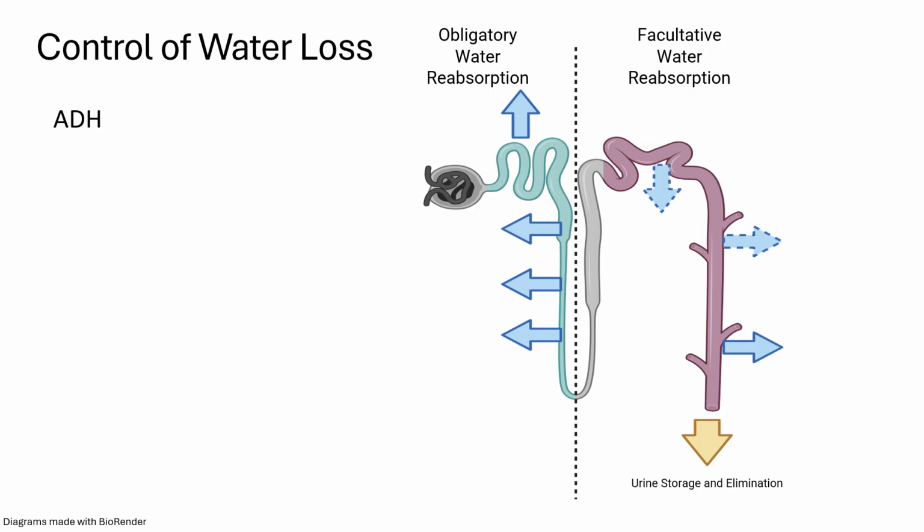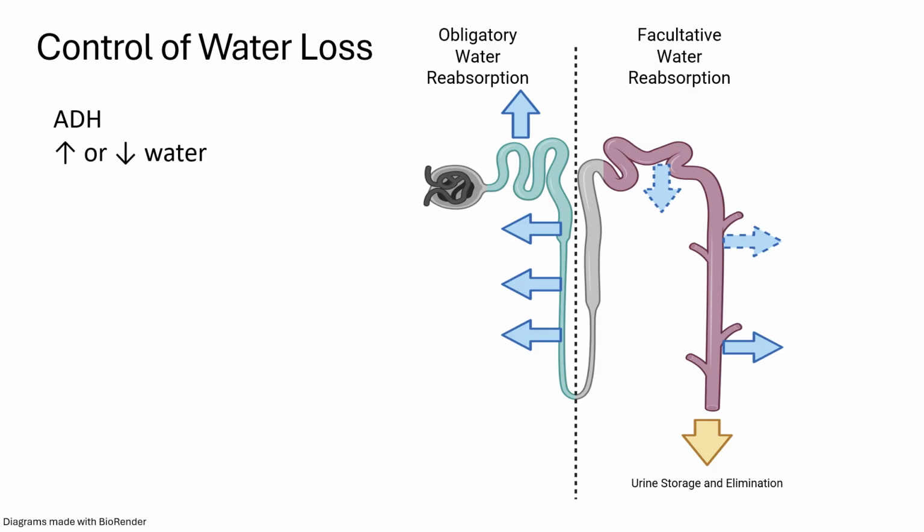If the loop dips deeper into the medulla, which loops of those juxtamedullary nephrons do, then that descending arm of the loop will be able to reabsorb more water. Cortical nephrons, in contrast, don't dip as deeply into the medulla as juxtamedullary nephrons, and therefore cortical nephrons have a lower capacity of obligatory water reabsorption than do juxtamedullary nephrons.